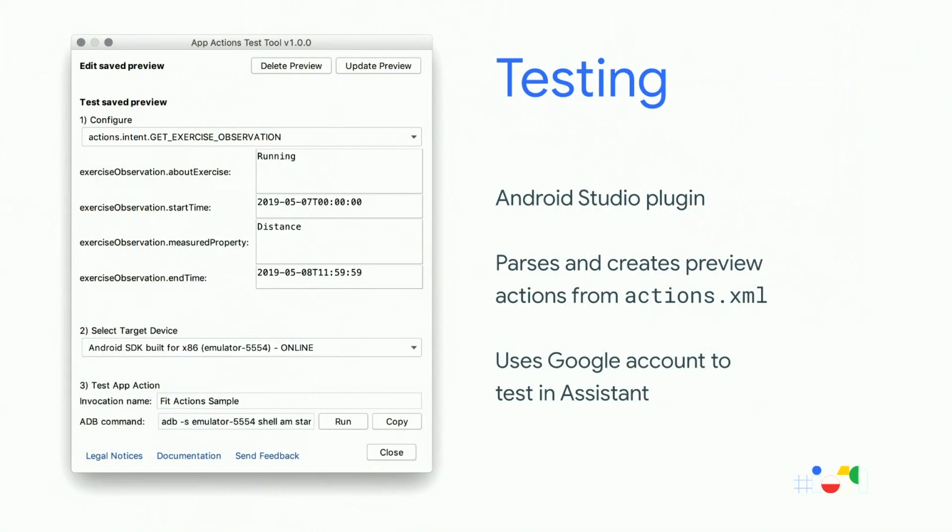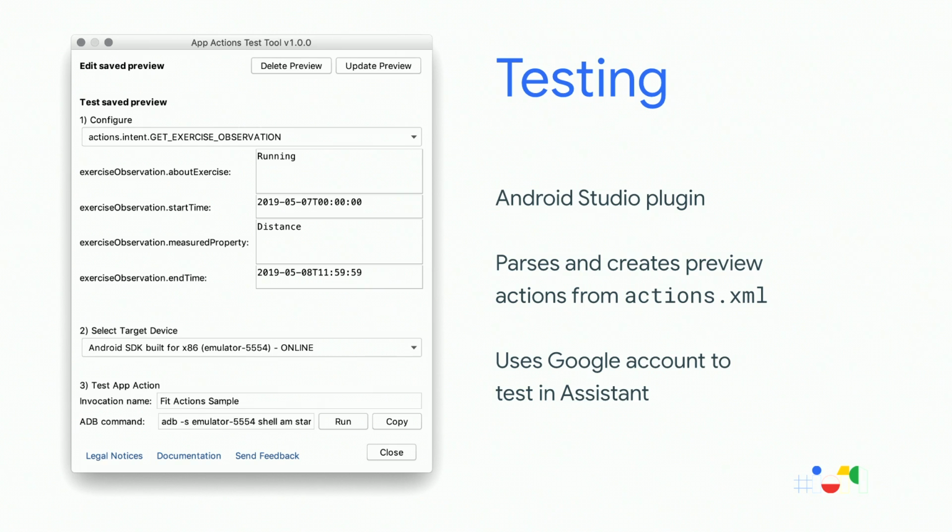Step number 4, testing and deployment. So testing out app actions is particularly tricky because the assistant needs to be aware on our backend of the content of your actions.xml. To facilitate testing, we created a special App Actions test tool plugin for Android Studio. It goes and reads your local development actions.xml, it parses it and sends it up to our backend.